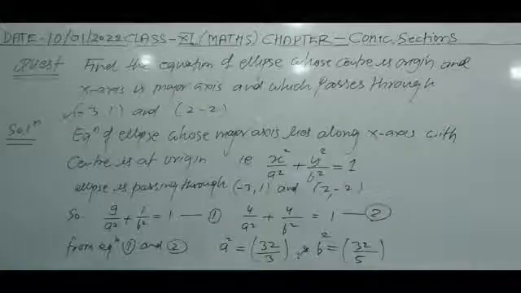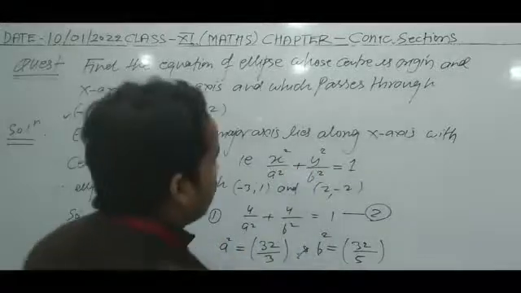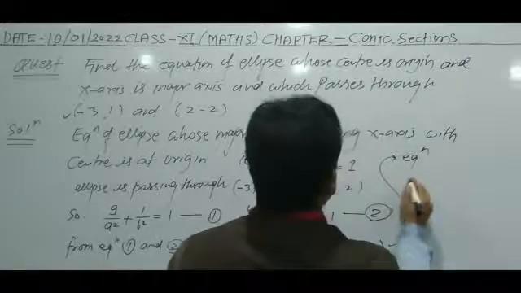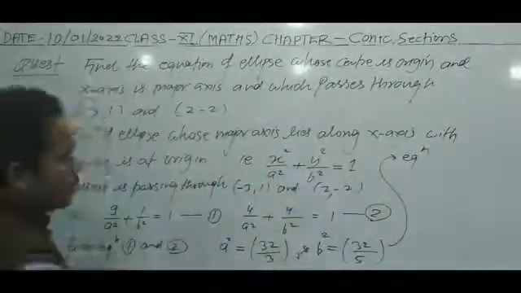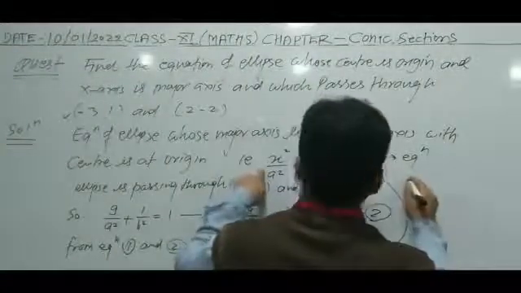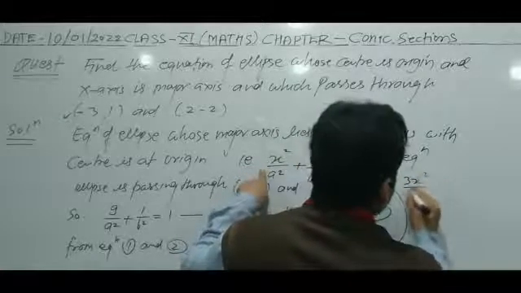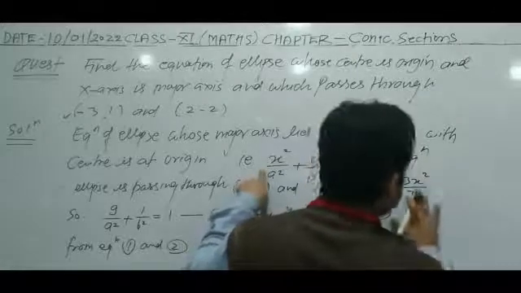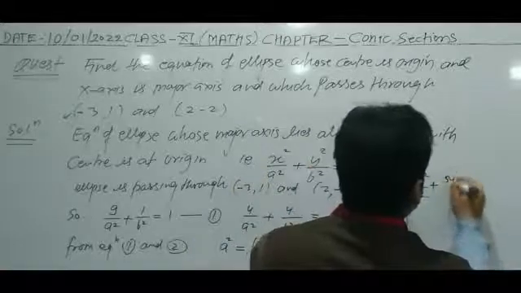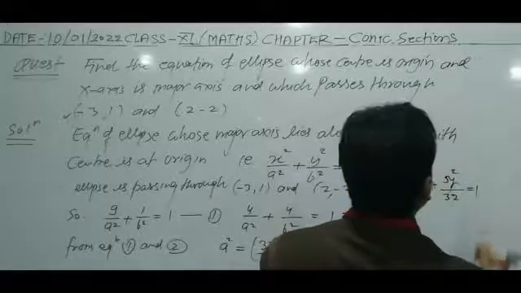And now what will be the equation? You have to put the values of a and b. Equation will be a square result, b square result. So we are putting here. So result will be 3x square upon 32 plus 5y square upon 32 is equal to 1.